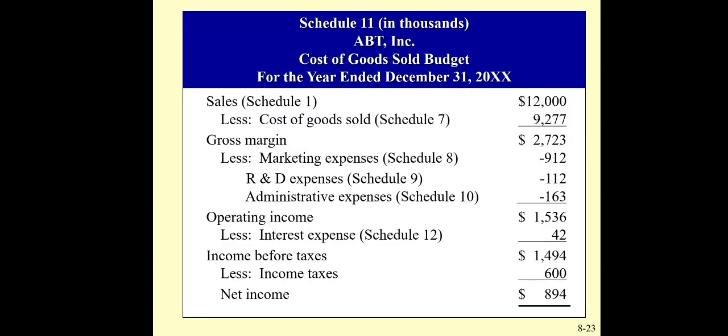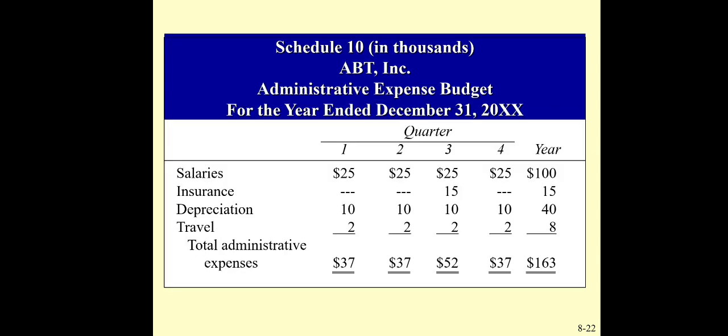Okay, admin expense budget. Just remember the format. You have to list all the admin expenses and the amount related to each expense. In this sample budget, you can see that all costs are fixed costs.